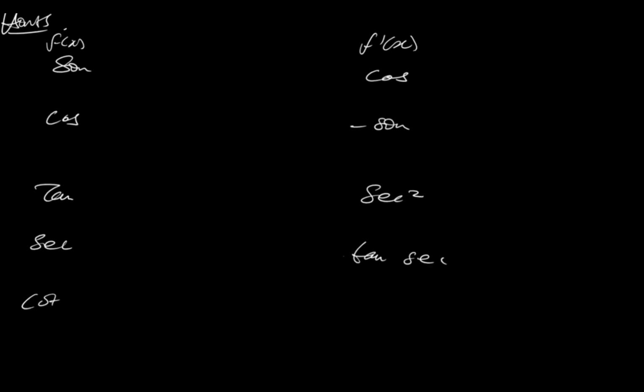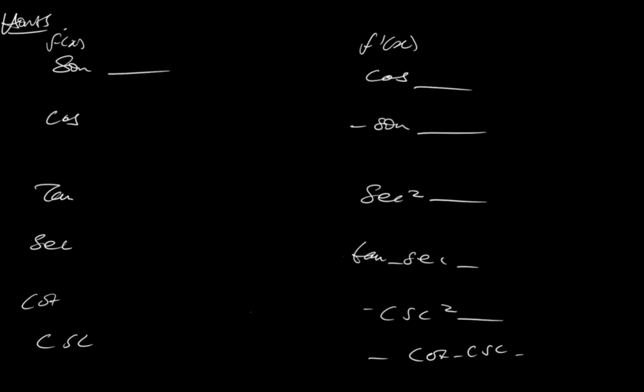Cot goes with negative CSC squared. Then cosec goes with negative cot cosec. So if I put a dash, then there's something that should be there. Be mindful of this.